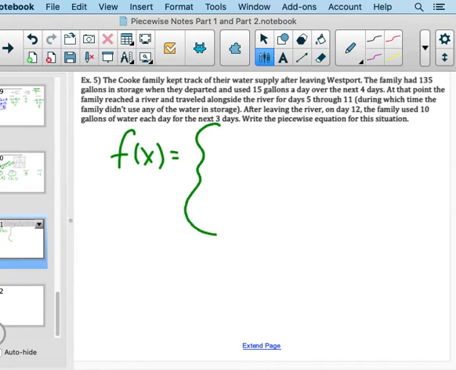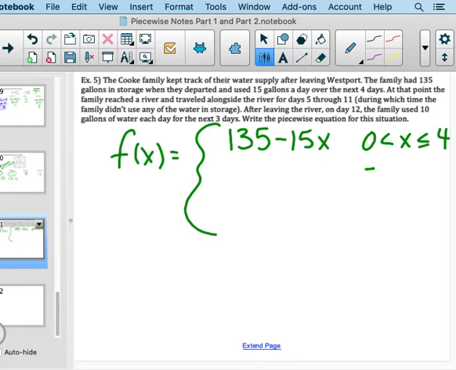The first segment is that we had 135 gallons and we were using 15 per day. So you either have negative 15x plus 135 or 135 minus 15x. And that happened for 4 days. So that happens between day 0 and day 4. Okay?